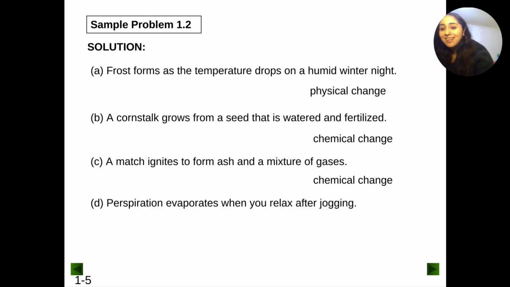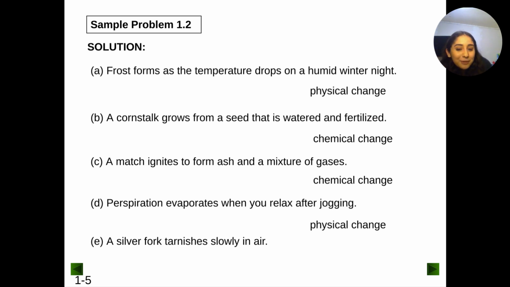D. Perspiration evaporates when you relax after jogging. Just like the cup of milk I showed you that was sweating because my room is hot. Well, that is a physical change. Good job if you got that. I had some trouble on that the first time.